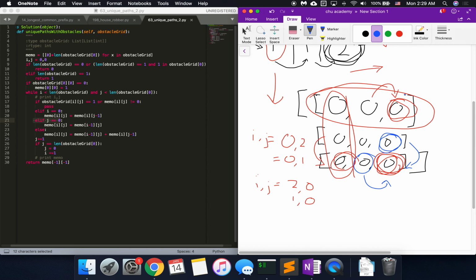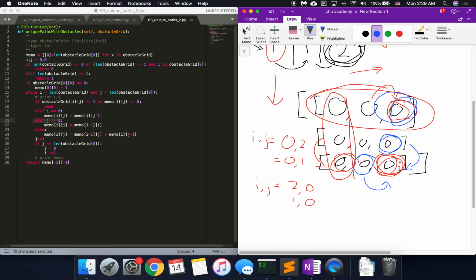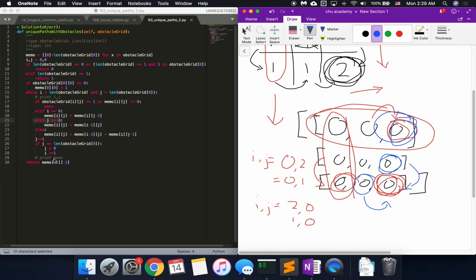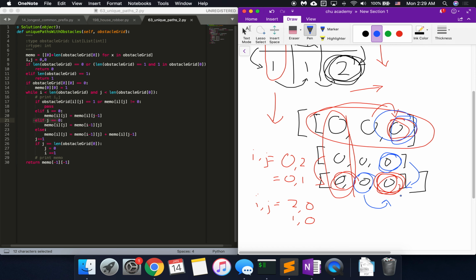So if you're here and i, j equals 0, 2, then you have to go to i equals 1 and then j equals 0, because otherwise you're just going to go off the grid. So once you finish that, you can determine the very last index in your 2D array to determine how many unique paths there are to get there.